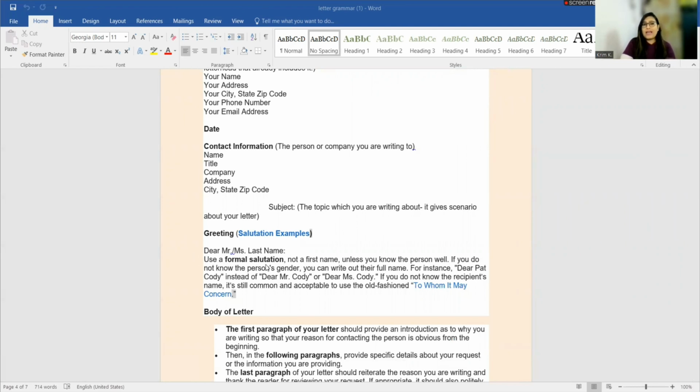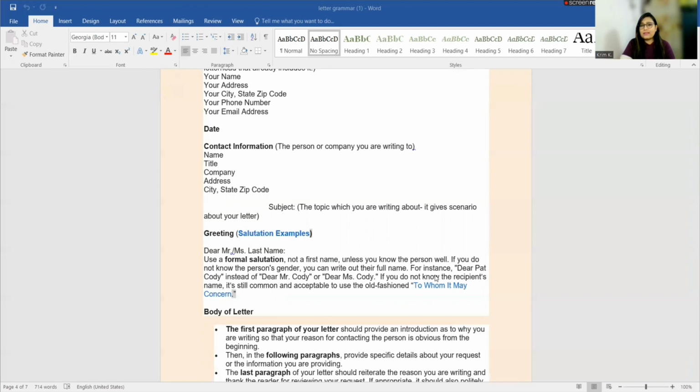Use a formal salutation, not a first name unless you know the person well. If you do not know the person's gender, you can write out their full name.